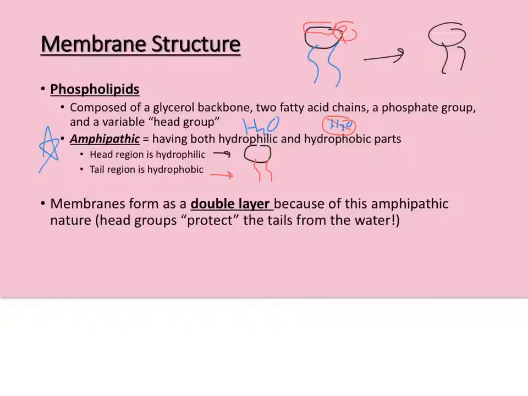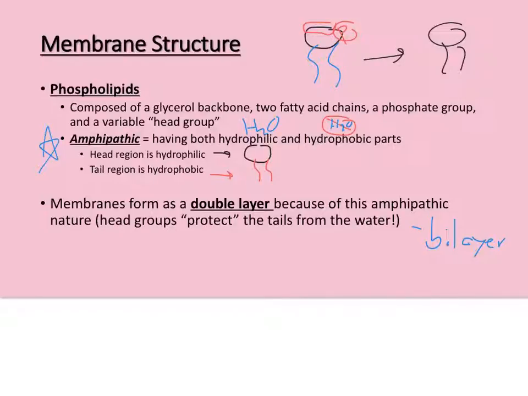Now, because of this, a membrane is formed by two layers of phospholipids. A double layer. We call this a bilayer. I think that word is actually coming up on the next slide, but we call this a bilayer, bi meaning two, and it's because you have water inside the cell and you have water outside the cell.